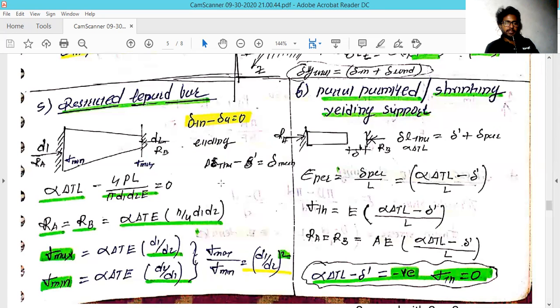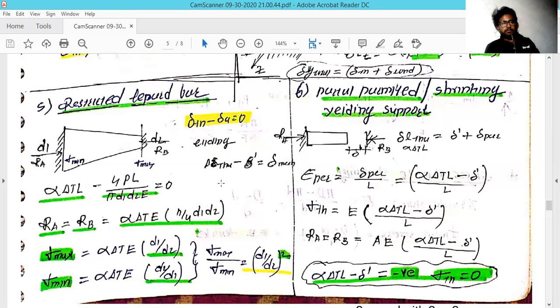And as we have seen previously, if you heat this material, there will be a change in the stress and strain. Just because of that, RB and RA are going to be generated, and they are compressive in nature. So the total change in the length of this cross section is also zero.